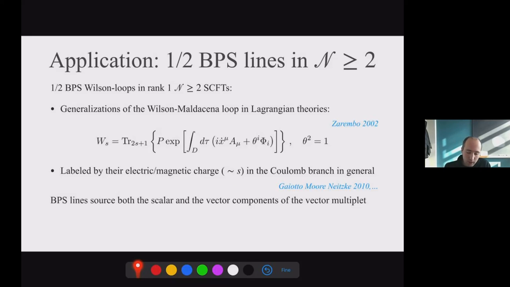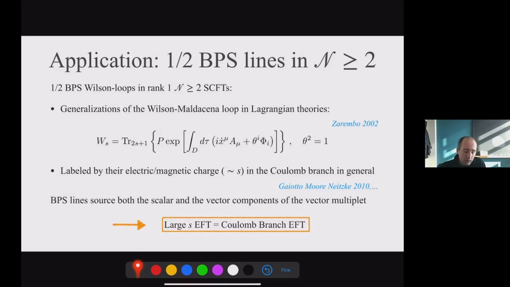The main difference here with respect to the general discussion before is that you will source both a large scalar and a large vector field, both a Coulomb potential and a scalar field, of course, because of this representation. And we know that in theories that have moduli spaces, states which are dominated by smooth and huge scalar profiles are naturally described by the moduli space EFT.